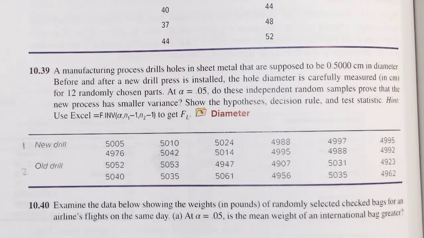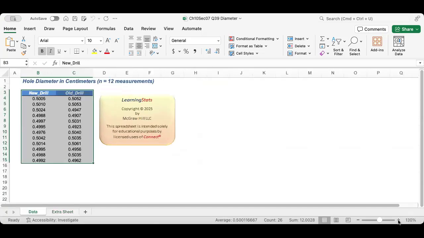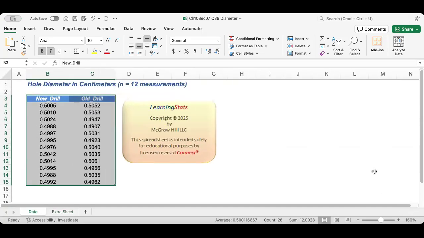Question 39. Here it is. Here's the data. And they put the new drill on the left and the old drill on the right. So I'm perfectly happy to make it set 1 and set 2 the way we just said.